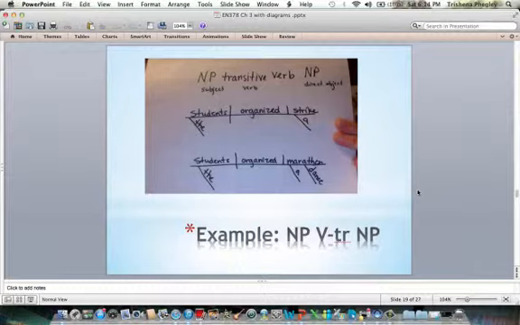Okay, so we have these two sentences here. I think you probably figured out in each of these examples, the top diagram is the sentences I used in the PowerPoint. The bottom diagram is the example sentence in the textbook. So we have the students organized a strike. Students is your subject. Organized is your transitive verb. Strike, that's your second noun phrase, and it's the direct object.